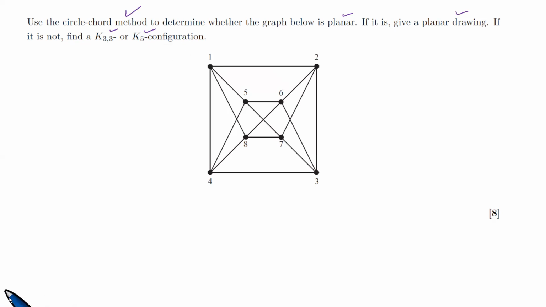How do we analyze this graph and how do we give a planar drawing of these? So we think about these together. First things first, what is the first thing that we do always?